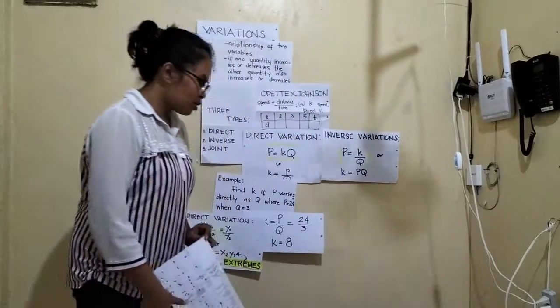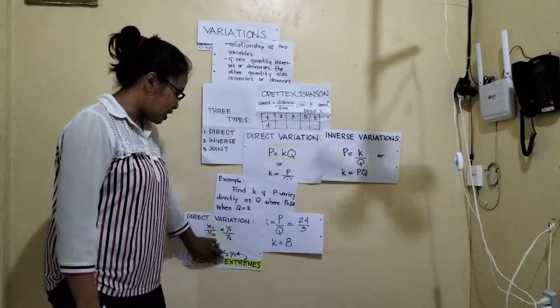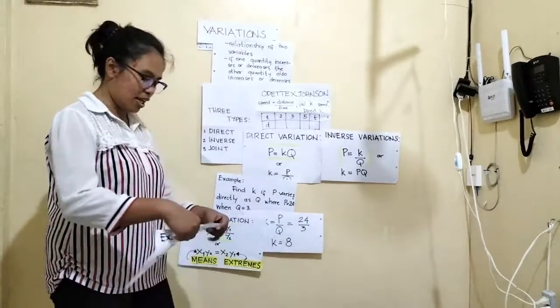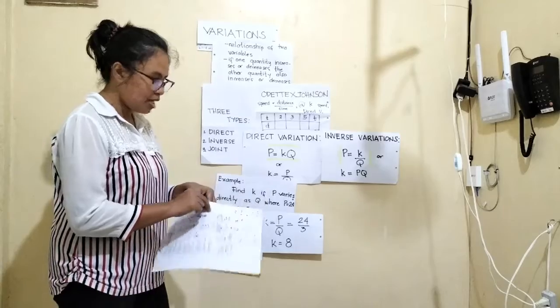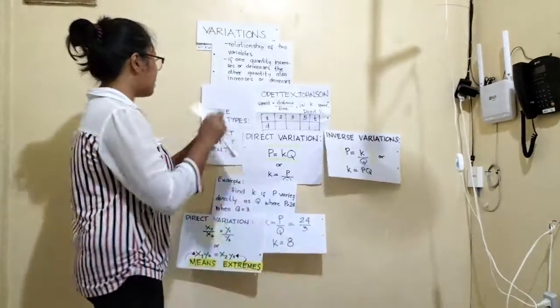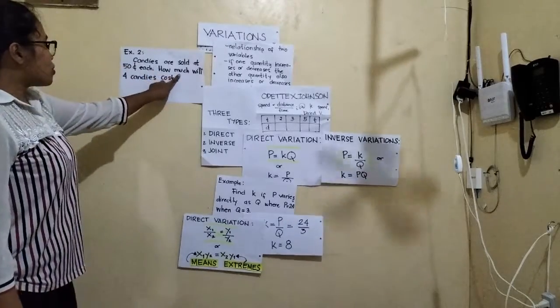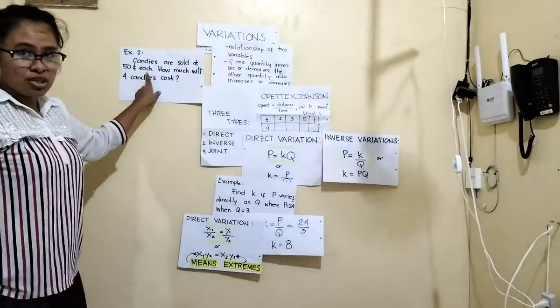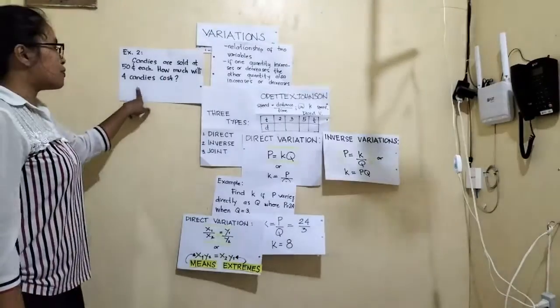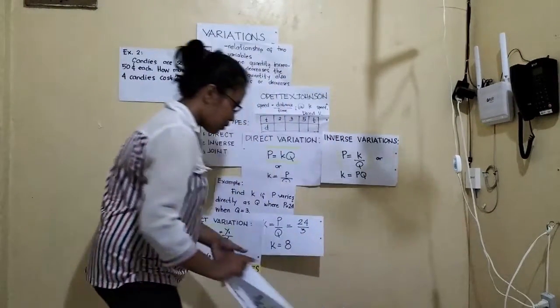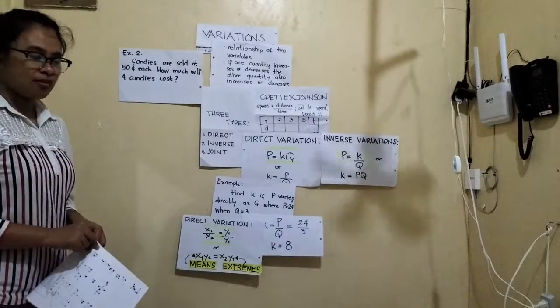So, for example number 2, we are going to apply this direct variation formula, right? Here, eyes here, please. So, example number 2. Candies are sold at 50 centavos each. How much will 4 candies cost? So, by using this, we have to identify all the givens first, right?